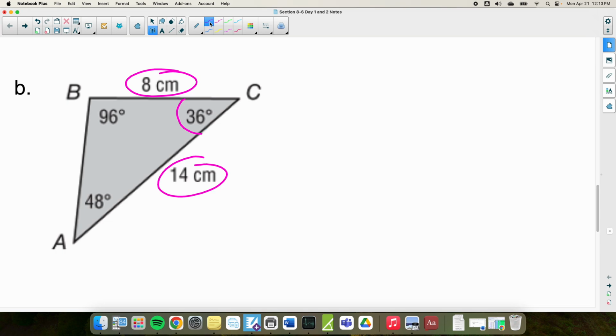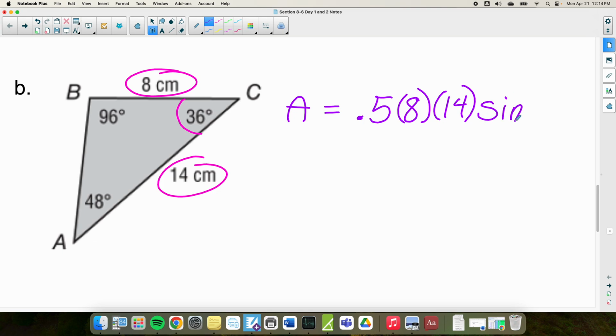So these two angles here, the 96 and the 48, are there to confuse you. So you would just go area equals 0.5, multiply both sides, and then it's always times sine of the angle in between, which is 36, and that would be your answer, okay?